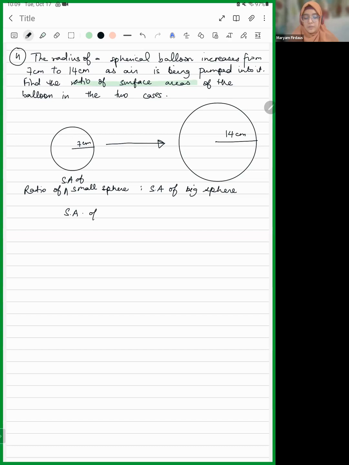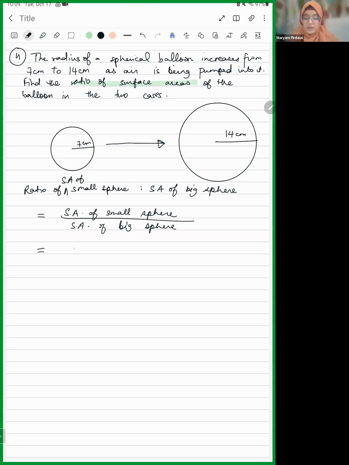Surface area of small sphere divided by surface area of big sphere. Done till here? Yes, ma'am.